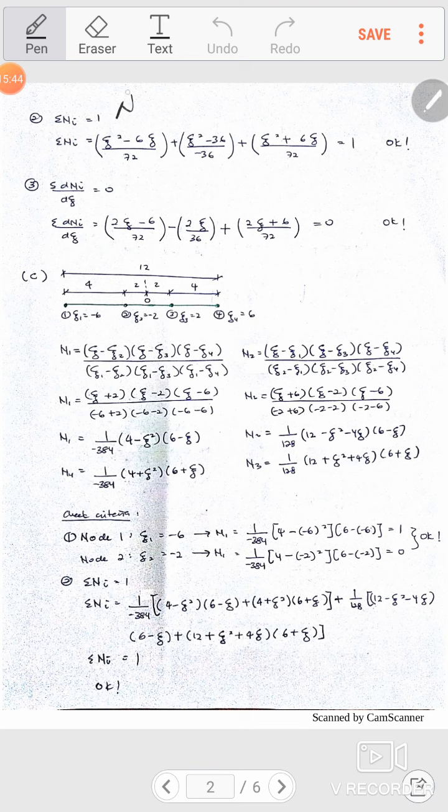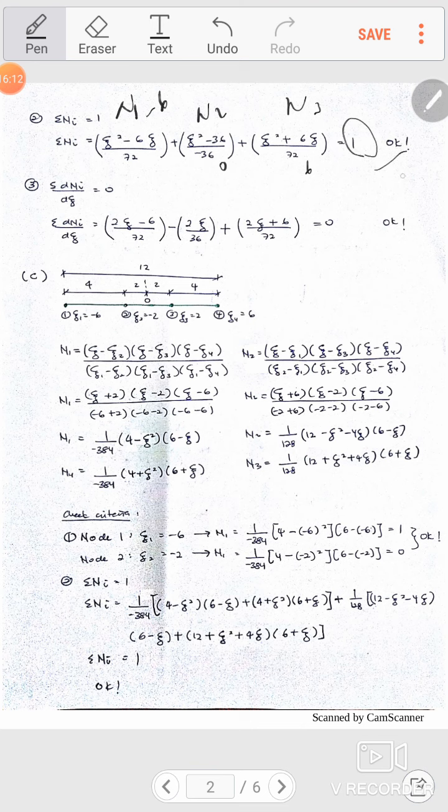Okay, after that, take the summation of all nodes. Here we have N1, N2, and N3, and substitute the values. For node number 1, zeta is minus 6, substitute minus 6 in each zeta, and for node number 2, zeta equals 0, and for node number 3 substitute the value of zeta, which is 6.